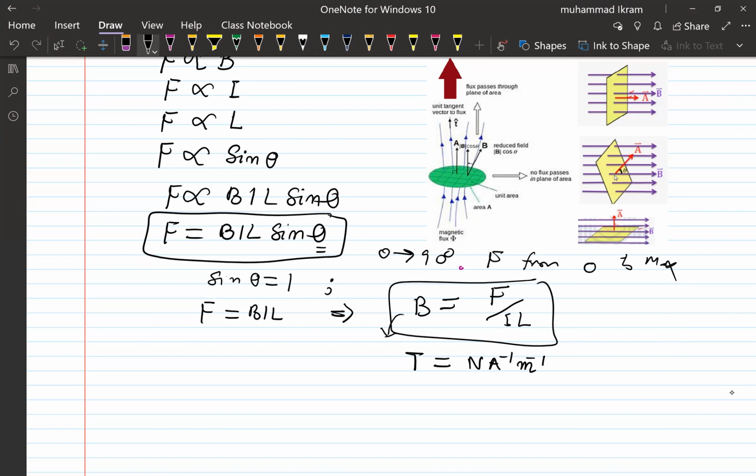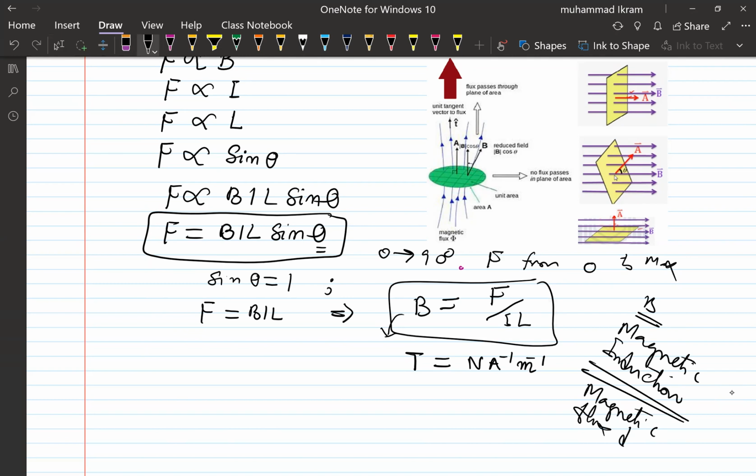This B is usually called magnetic induction, but I just call it magnetic field strength. Sometimes it can also be called the magnetic flux density.